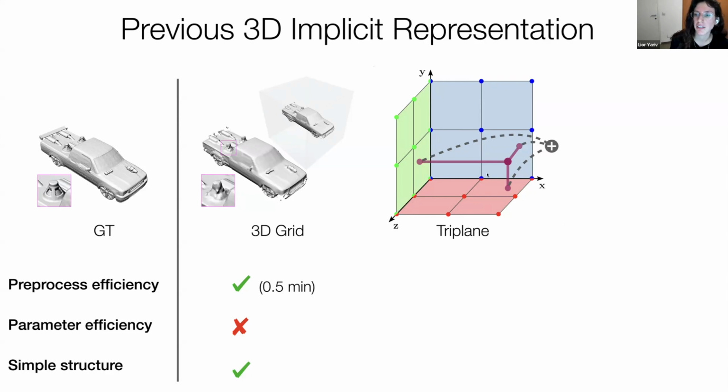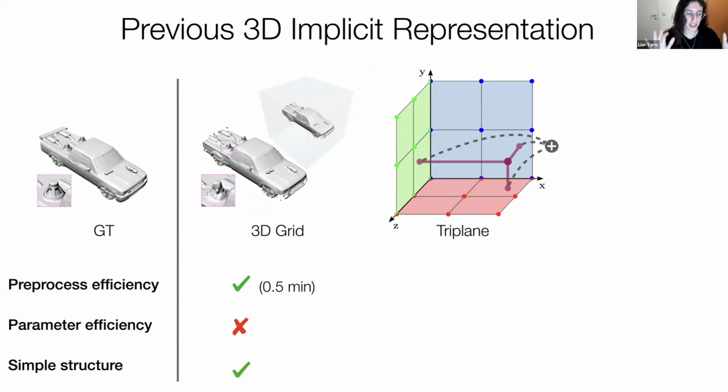Given this projected point on the plane, we apply bilinear interpolation according to some 2D grid values that we have. And then we combine these 3 evaluations, one from each of the planes, in some way. We can do summation or concatenation or something like that. And this will give us the final implicit function evaluation.